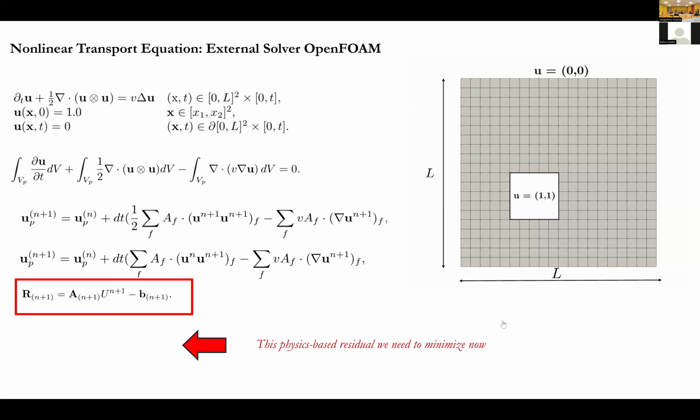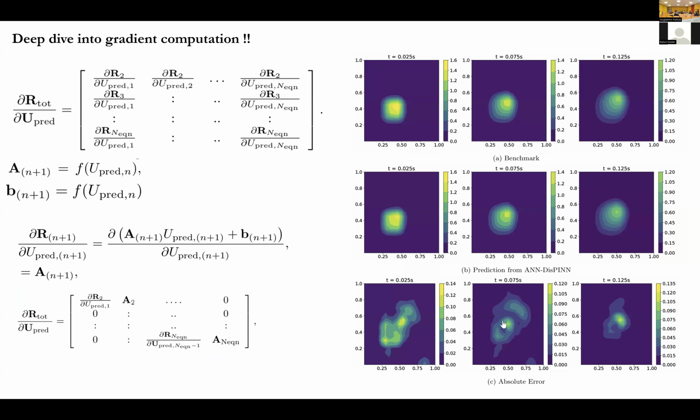Now my objective is to compute this del R total by del U pred for our case. Since I am using all first order derivatives, A at n+1 is only a function of the previous time state, and B at n+1 is only a function of the previous time state.